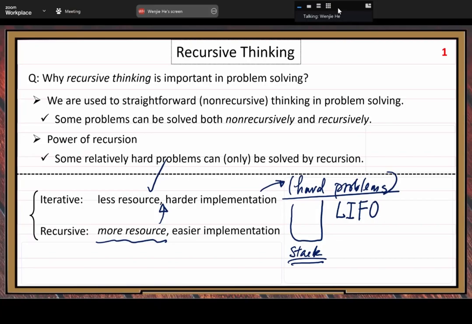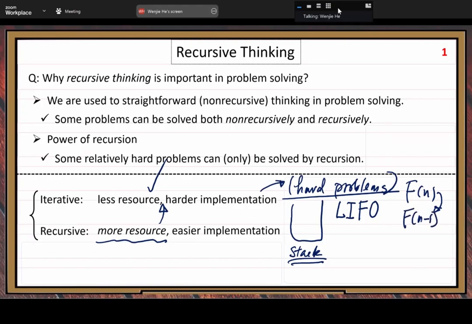Now, think about, we have a recursive function f of n. In order to calculate f of n, its value is not available, because f of n relies on some previous value. Let me assume a simple case. It relies on f of n minus 1.